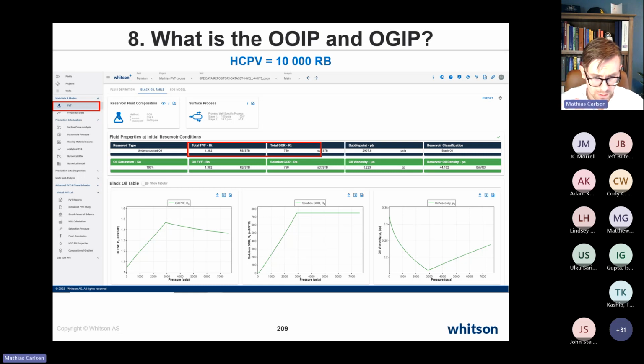And we know that if the hydrocarbon pore volume is 10 million barrels, and we bring that to surface, it should shrink, because that's what oil likes to do.